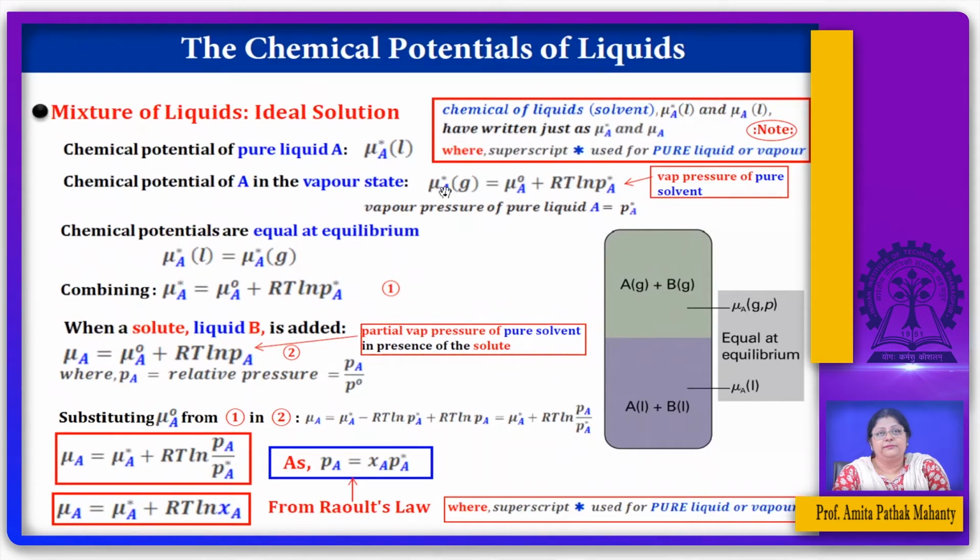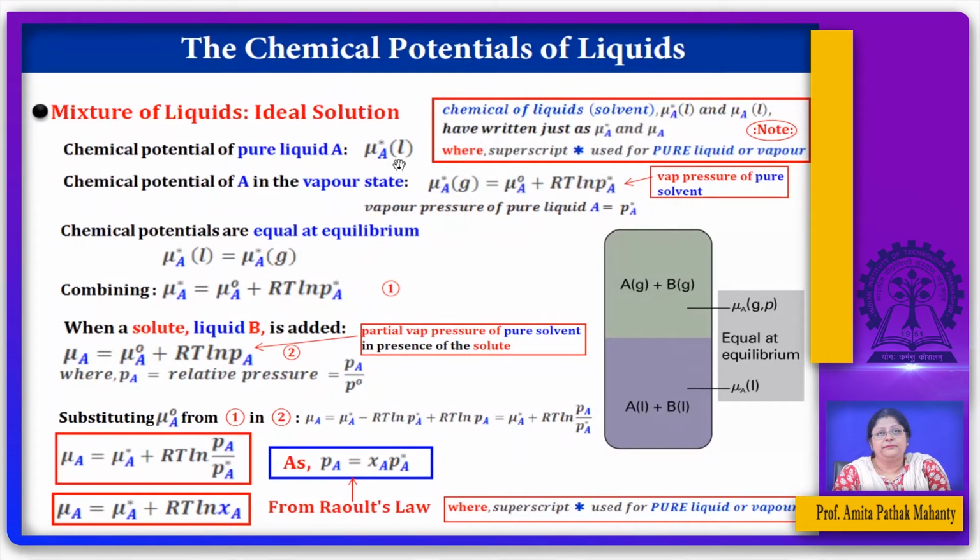So this is the gaseous state which we have. From the equation of Gibbs energy or chemical potential, mu is equal to mu naught plus RT ln P, and P is the vapor pressure here. Always remember, this is a relative pressure, meaning you have a P naught below always, which is 1 bar. So this equation is for the gas phase.